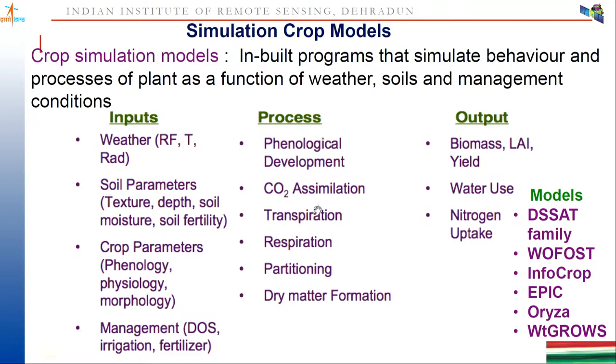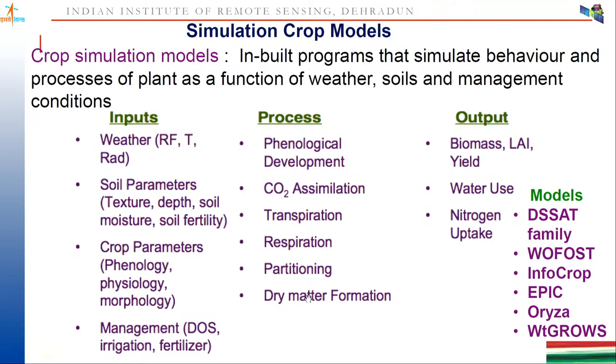Carbon assimilation, transpiration, respiration, meaning release of CO2 from the plant canopies to the atmosphere, and partitioning. How does this occur? The products of photosynthesis are utilized or partitioned into different plant parts like flower, seeds, leaves, stem and root.